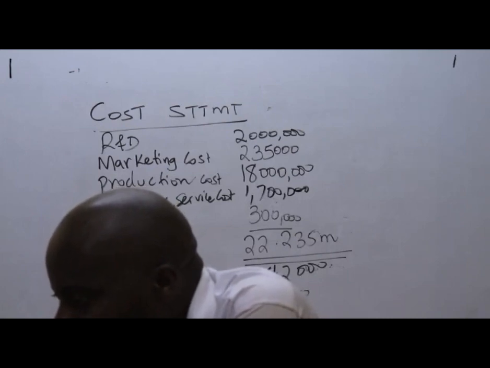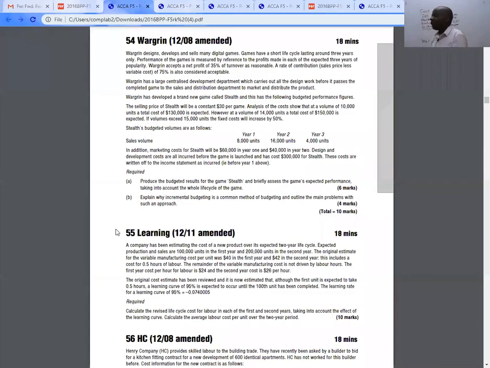Now, look at this particular question. Yes, question number 54. Just before I run away from this learning cycle, life cycle costing, could you kindly try question number 54, A and B? Question number 54.